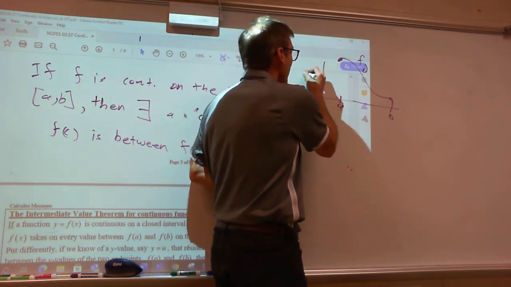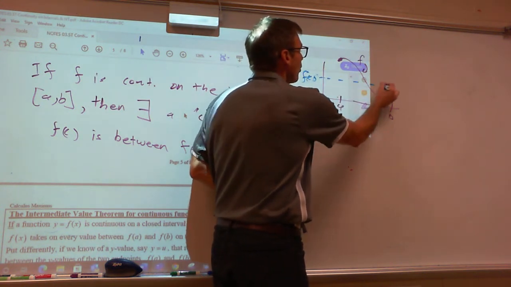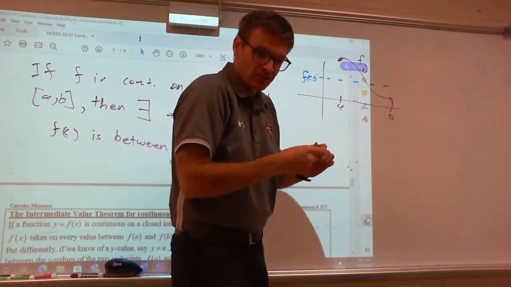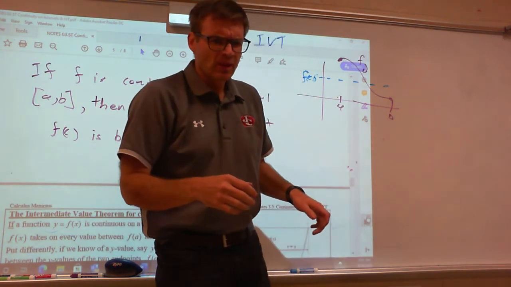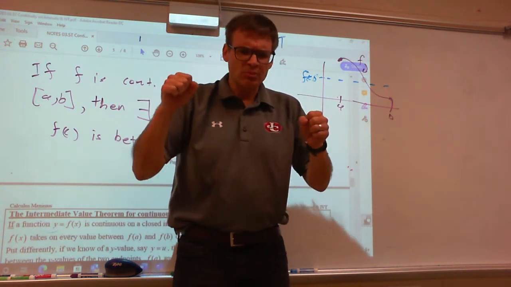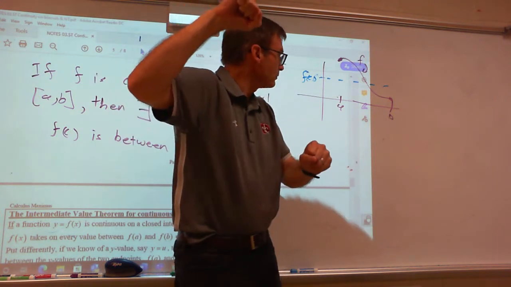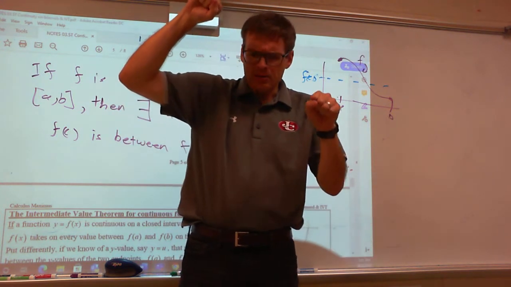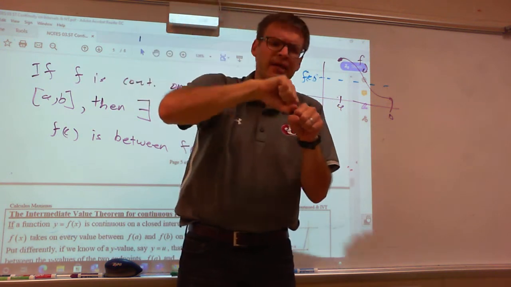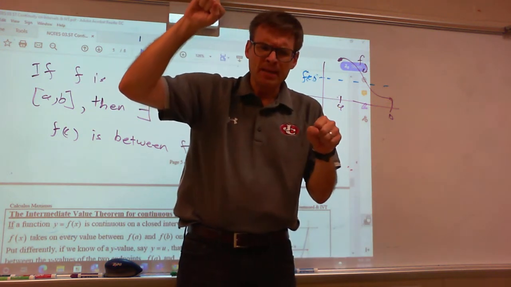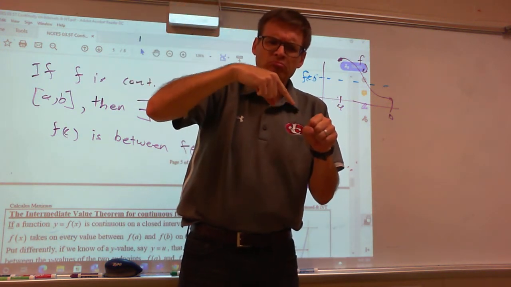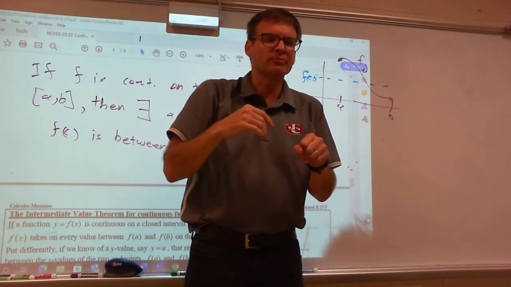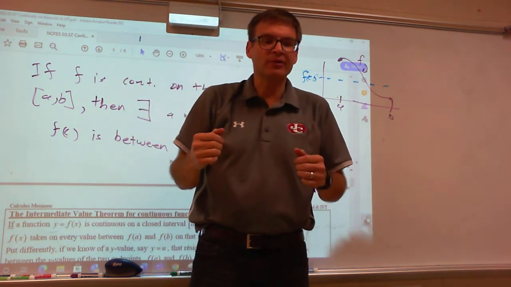So I'm going to call this y value f of c. It's got to cross a line. So let's think about that again. If you got two dots, right? You got a dot here and a dot here. It's continuous, so I've got to connect the dots. When I connect the dots, it's going to have to cross a horizontal line. That's the intermediate value theorem.